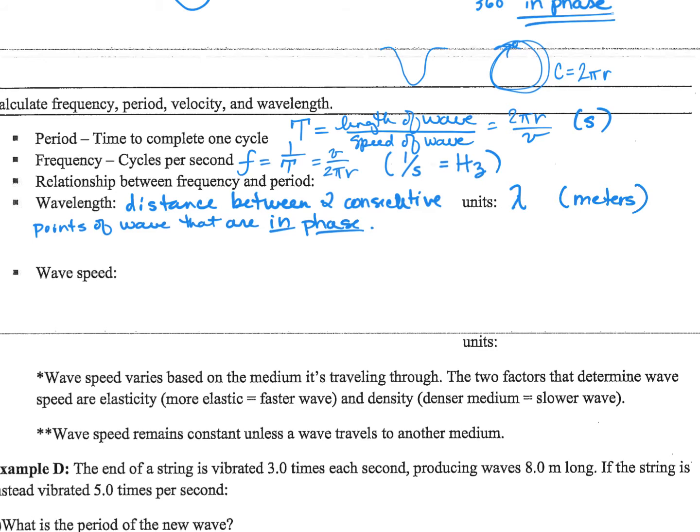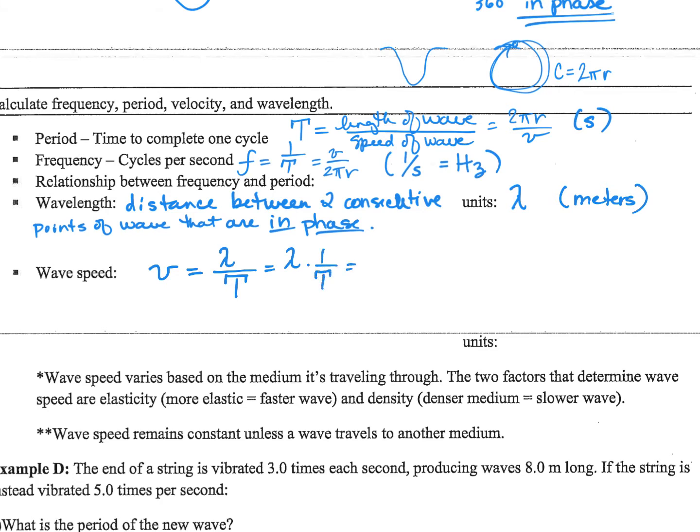Wave speed. Think about it. Wave speed would be your velocity. That is going to be 1 wavelength in 1 period, right? That would be your speed, or distance over time. So that is going to be wavelength over period, which will give you your velocity. Well, think about it as this, times 1 over t.